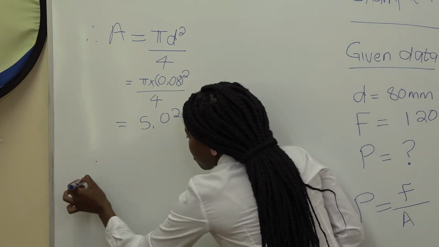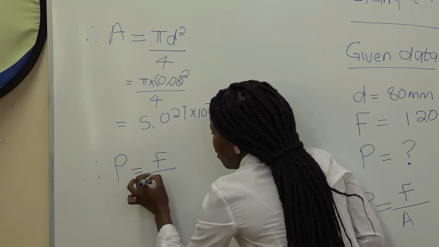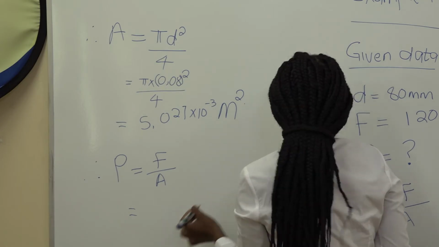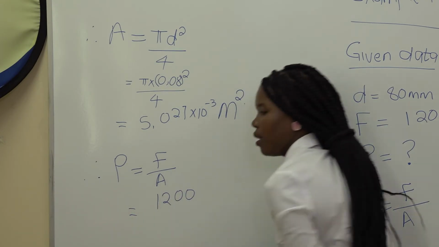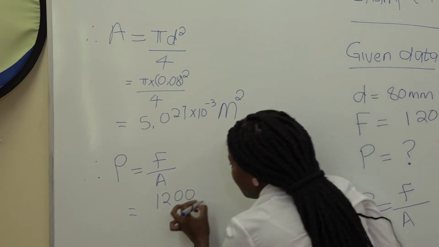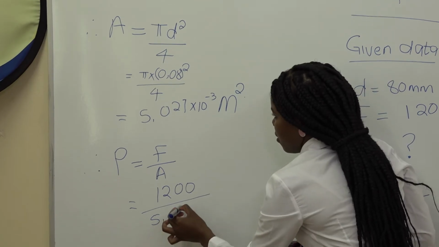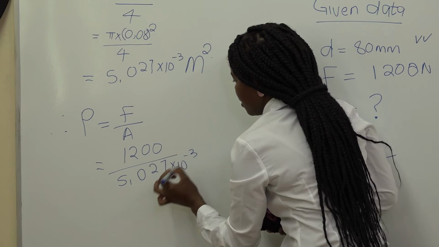So the formula to calculate the pressure is P equals F all over A, and your force is 1,200, then divide by our 5.027 times 10 power minus 3.